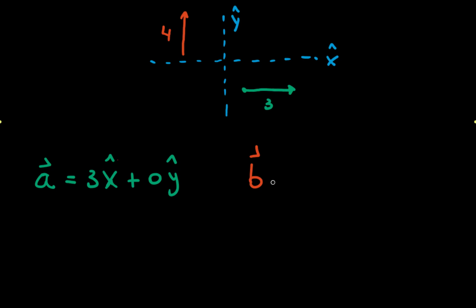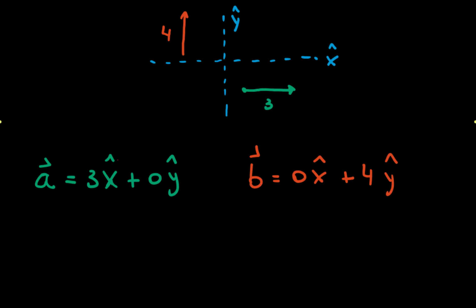So what we're going to say here is that this is 0 units in the x, plus 4 units in the y direction. Again, it is more like a recipe on how to draw this arrow.